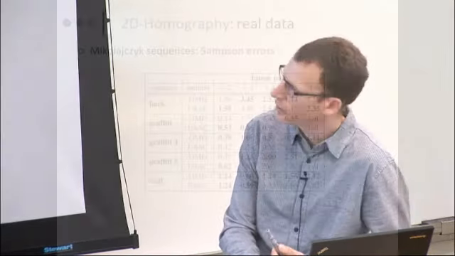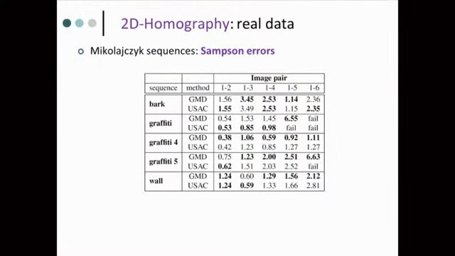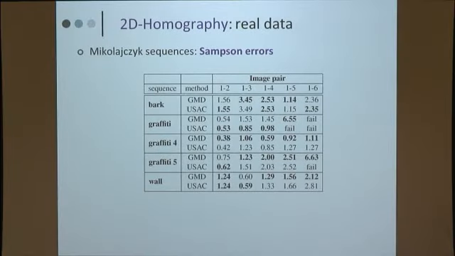We couldn't do much. So now looking at the Sampson errors of both our method, GMD, and USAC. We're looking at the 5 different sequences, and in each sequence, the 5 different image pair combinations. You can see here the Sampson errors, which are in pixels.